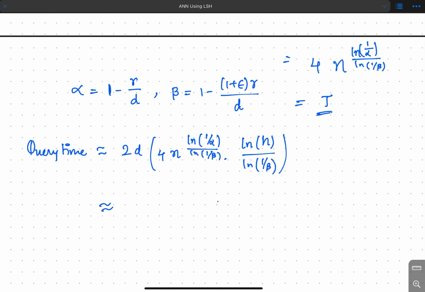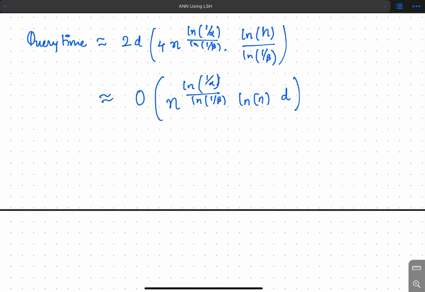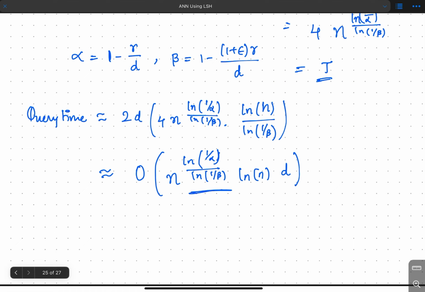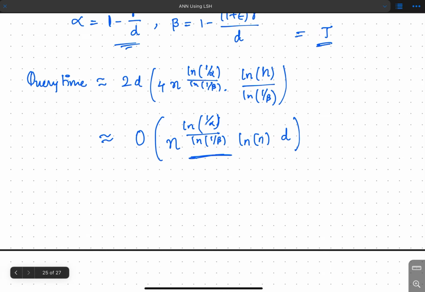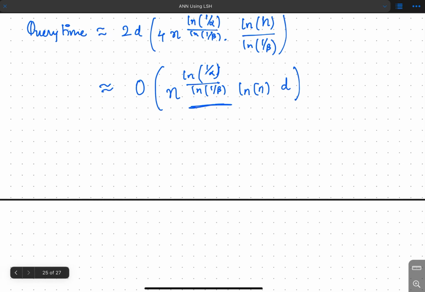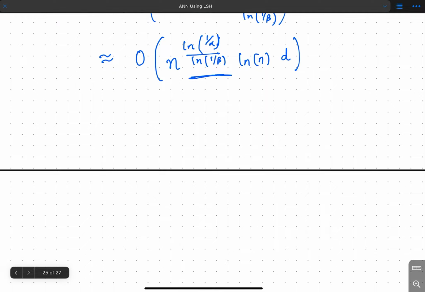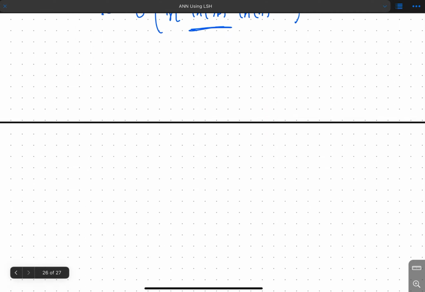Now getting rid of all the constants, this will turn out to be O of ln 1/alpha by ln 1/beta times ln n times d. So this is going to be our query time. As of now, this ln 1/alpha by ln 1/beta is in terms of r and d, so it's fine, but let's try to get rid of them also and get a neater expression.